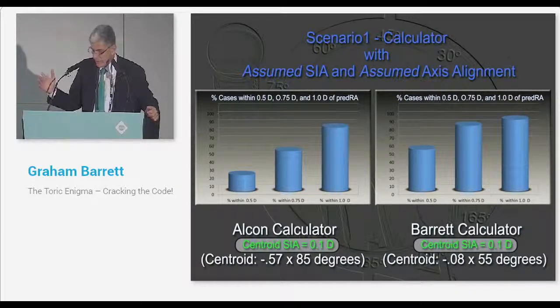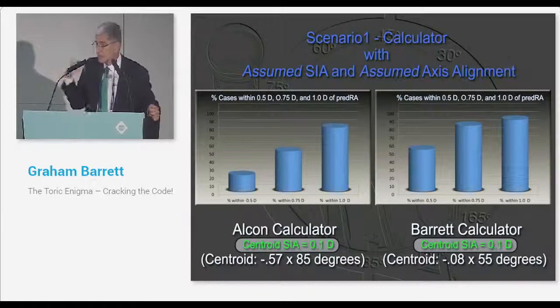So immediately using a centroid SIA, which is about 0.1 diopters. So if you use a 2.4 millimeter incision, I'm going to use my calculator, don't put 0.3 or 0.4, put 0.1 or 0.2, because I'm sure it'll be similar to mine. That's for a temporal incision. And you can see that the centroid for my calculator here on these patients is once again, different set of patients, but close to zero.